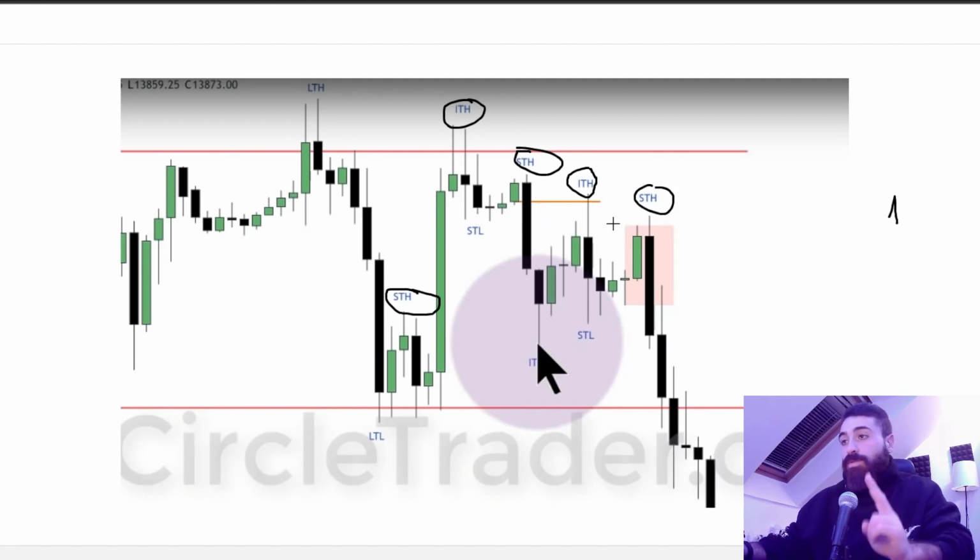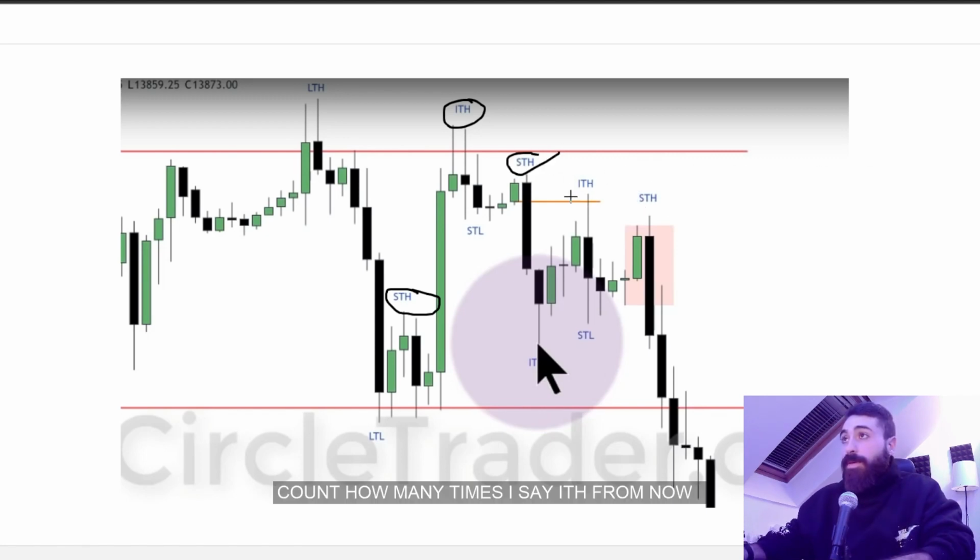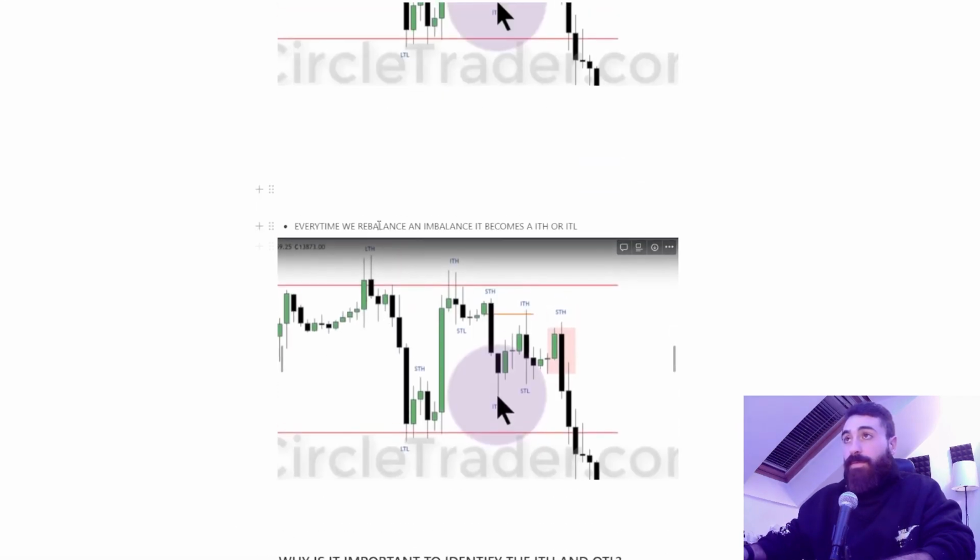So there are 2 ways to understand the intermediate term high. And this is what differentiates this market structure from any other. In our case right here, this intermediate term high, as we have the definition right here, every time we rebalance an imbalance, it becomes an intermediate term high or intermediate term low.